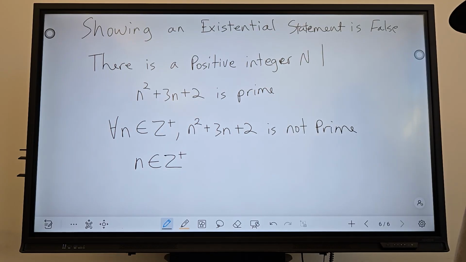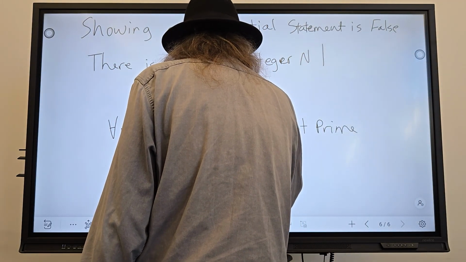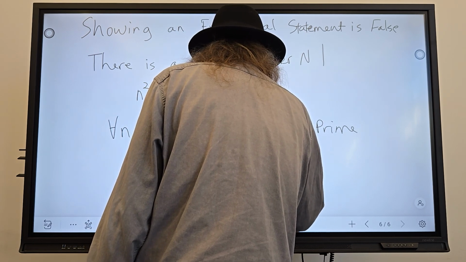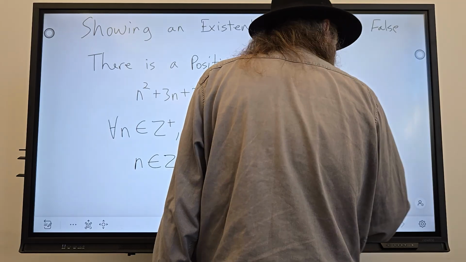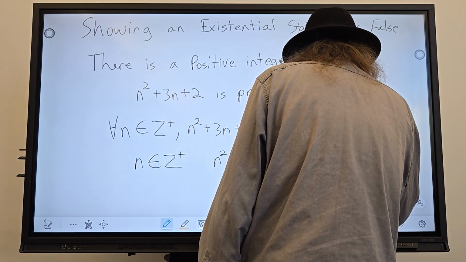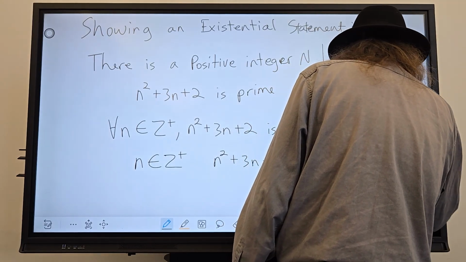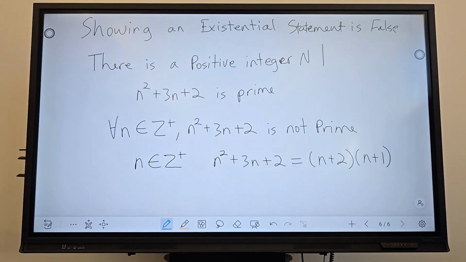Factoring shows that n squared plus 3n plus 2 equals n plus 2 times n plus 1.